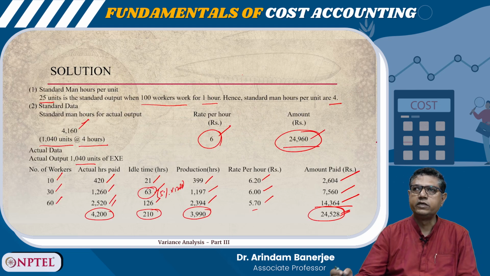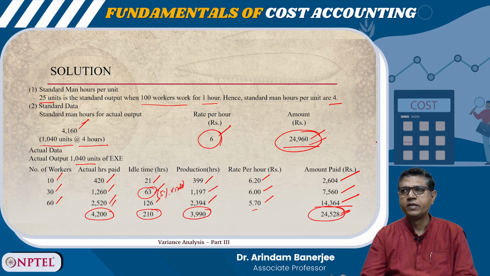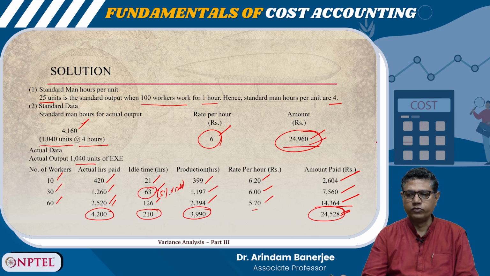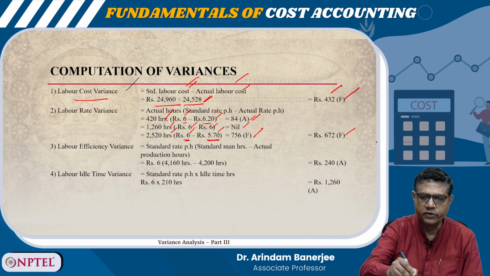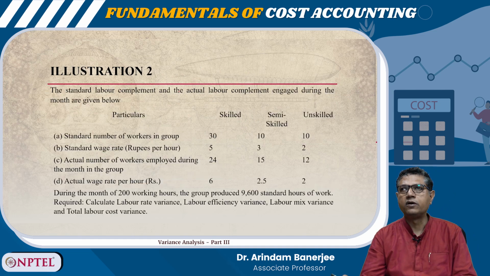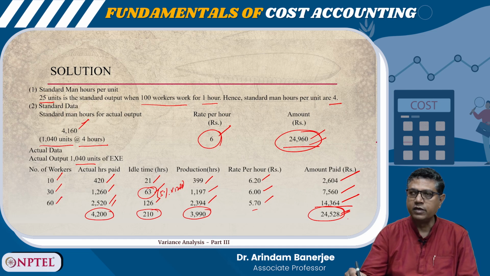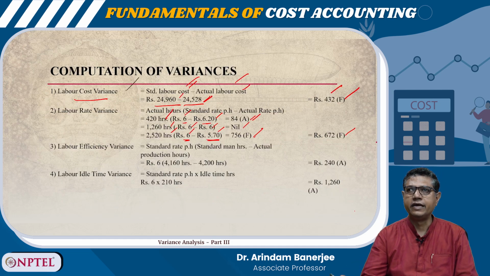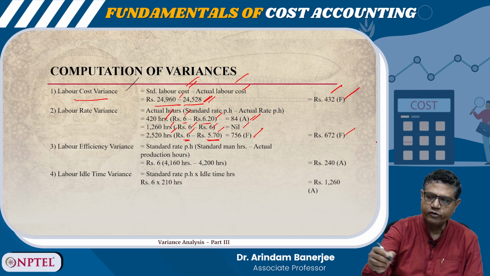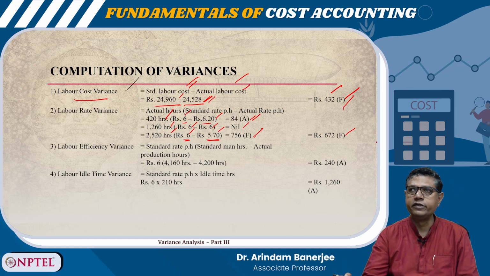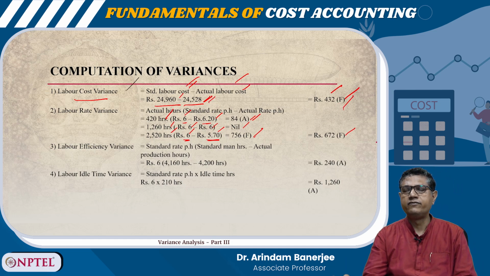Standard labor cost we calculated is 24,960, and actual labor cost is 24,528. So the difference is 432 favorable.